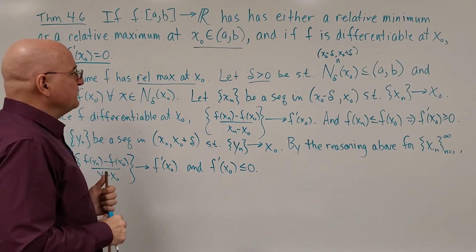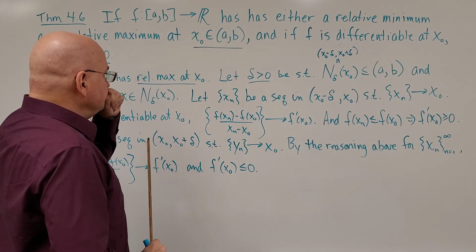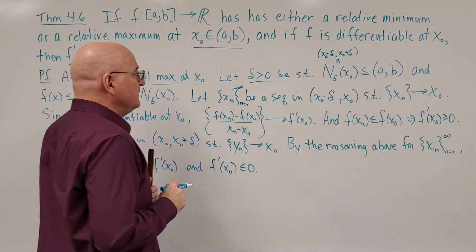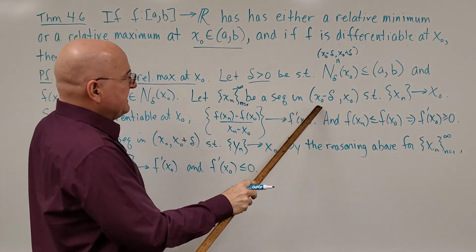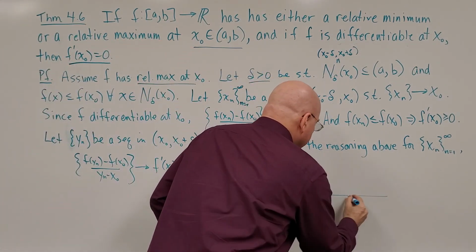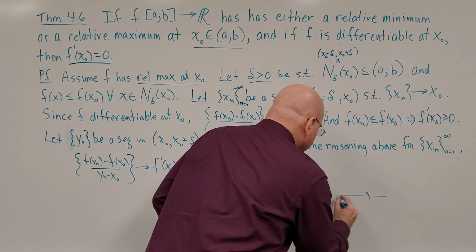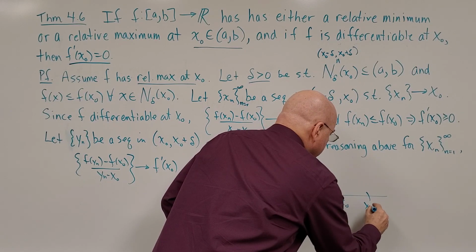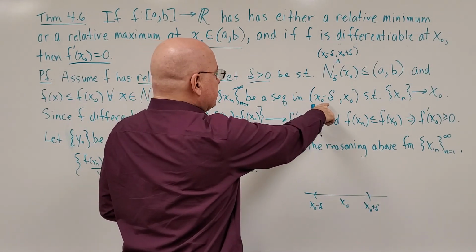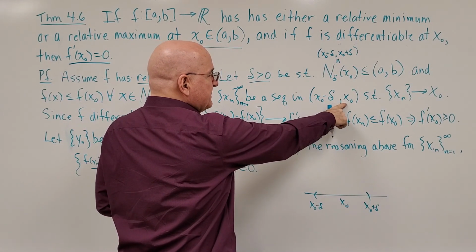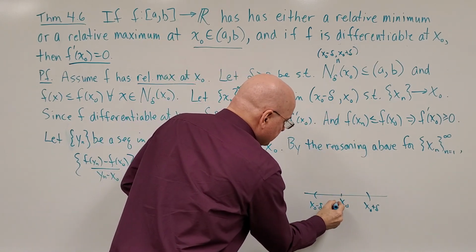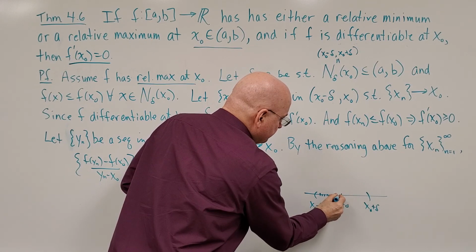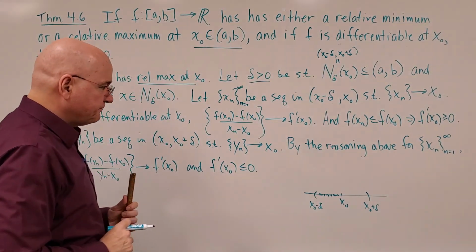Well, let x n be a sequence, and notice where we're taking this sequence. We're taking this sequence from numbers that are to the left of x naught, so the sequence over here converges to x naught.